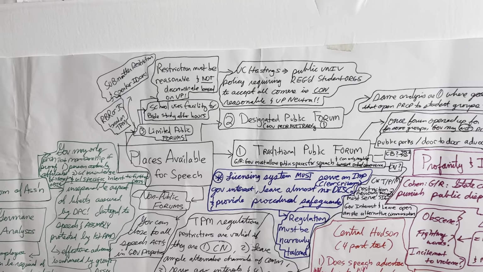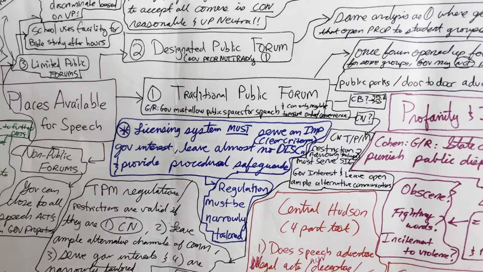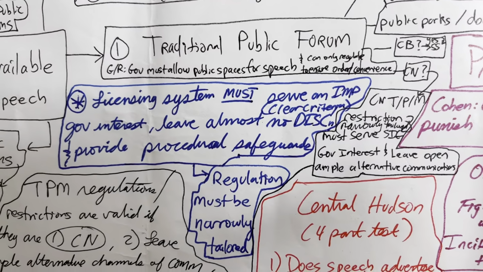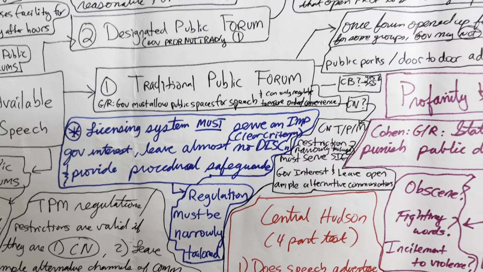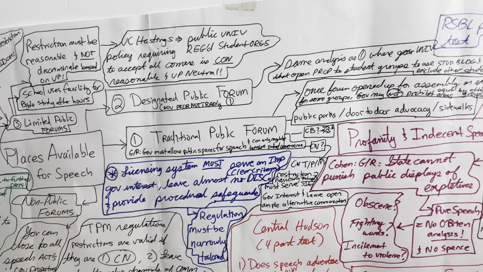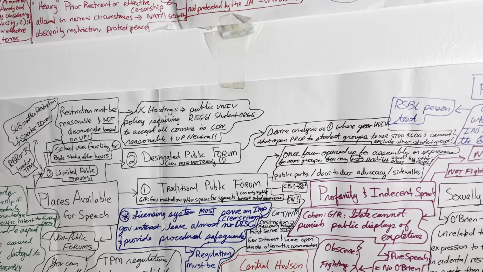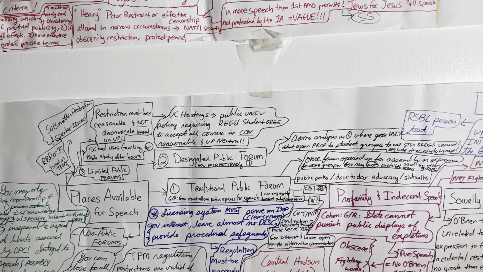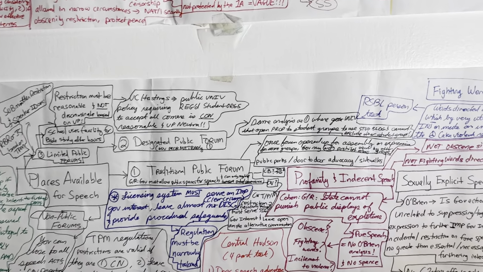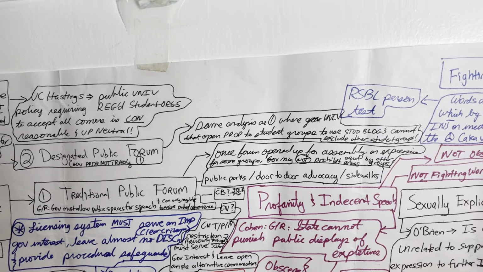And so remember that in that traditional public forum, you have time, place, manner restrictions. Restrictions must be narrowly tailored and must serve significant or important government interests, and leave open ample alternative channels of communication. You can't fully close the ability to actually have that speech. This would include public parks, door-to-door advocacy, sidewalks.